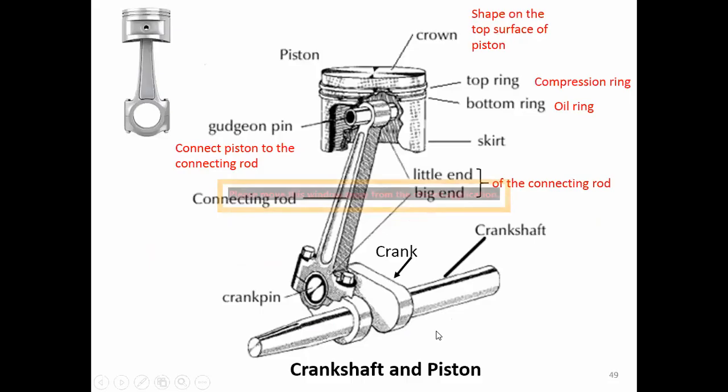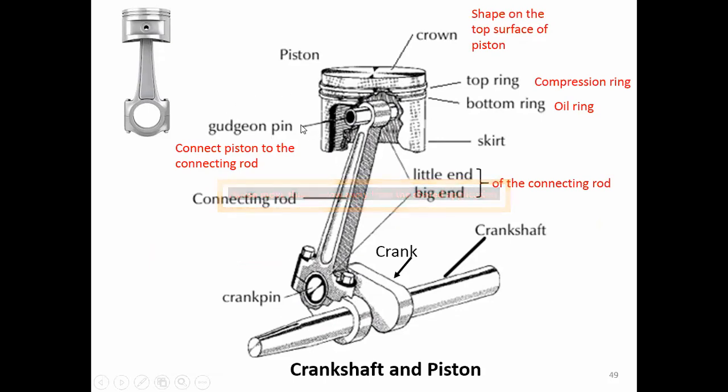Okay. This picture shows you the top ring, which is the compression ring. The bottom ring is the oil ring, and it shows how the connecting rod connects with the piston and with the crankshaft. They use a pin, not a screw.